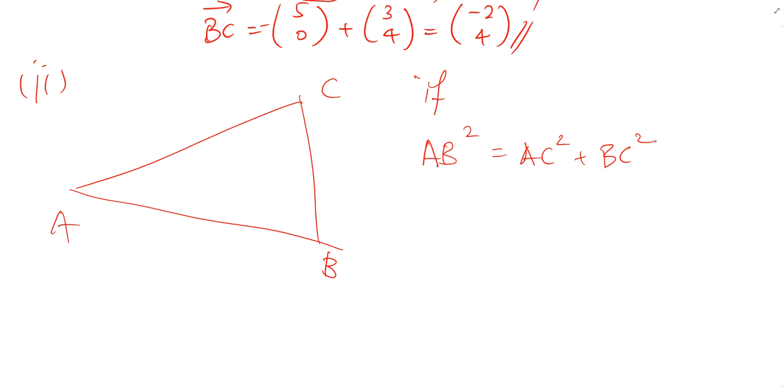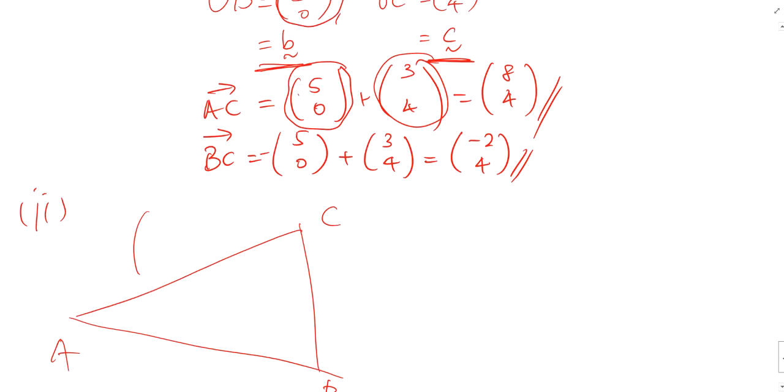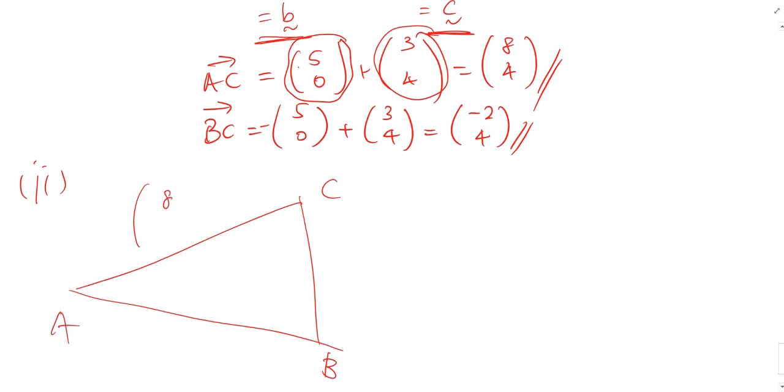Do you know how to find the magnitude of AB? Do you know how to find the magnitude of AC and BC? Yeah, you should. So let us write down the column vectors of any one of those that we know. AC. What is the column vector of AC? 8 and 4.